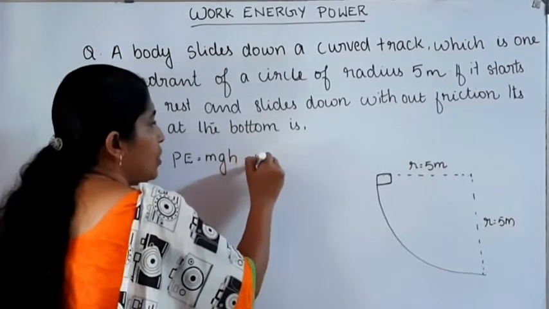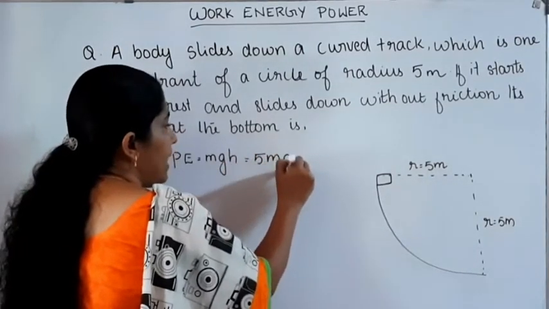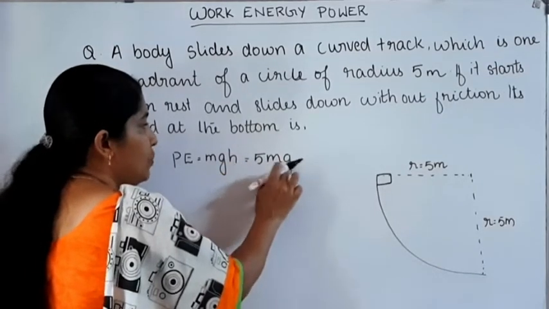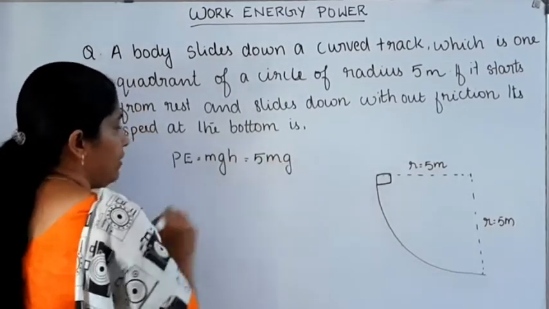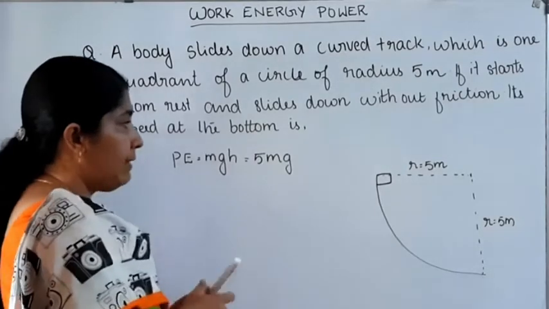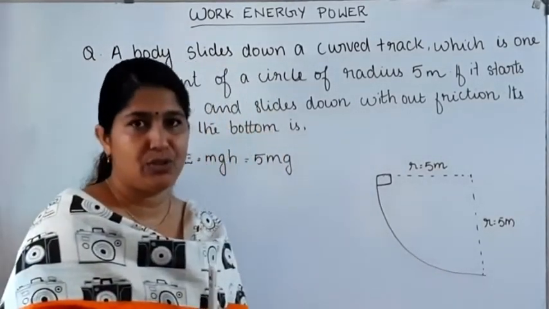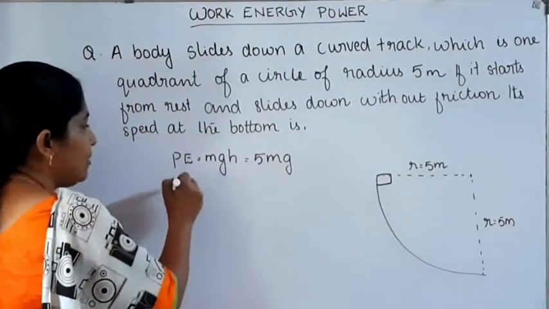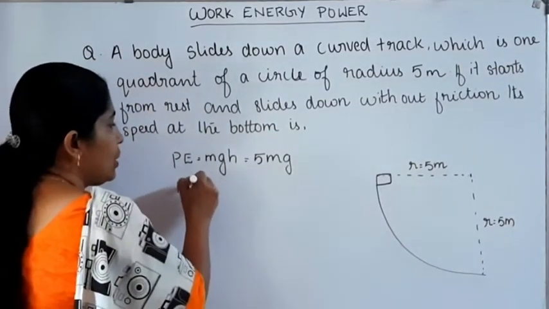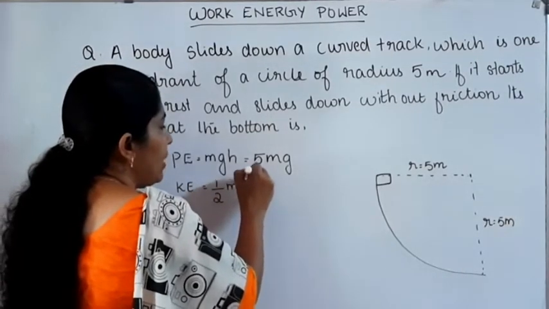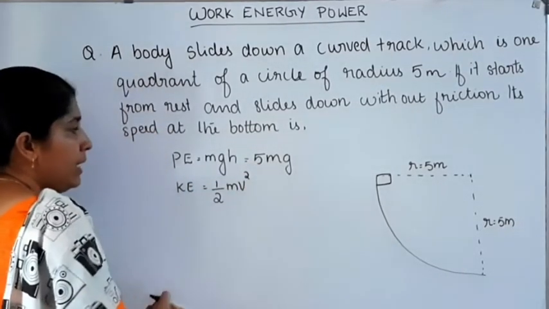So 5 into mg is the potential energy. That potential energy is converted into kinetic energy when it reaches the bottom. Then kinetic energy is equal to half mv square.